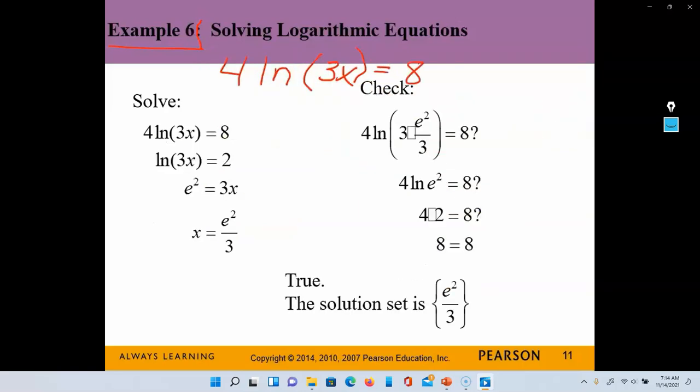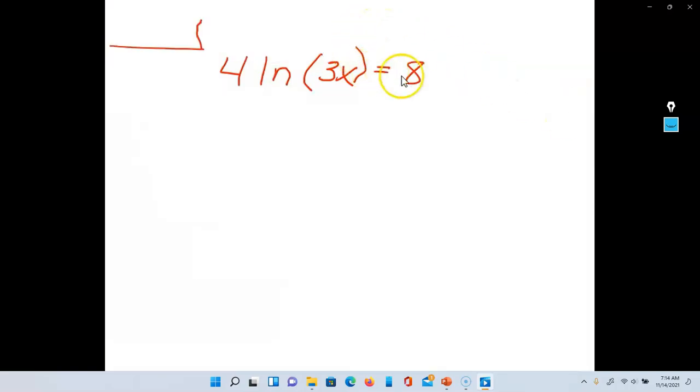All right, example 6. Let's go to our whiteboard. We're using natural logs here. So the first thing we want to do is isolate the log part on the left. So we're going to divide this side by 4 and this side by 4.